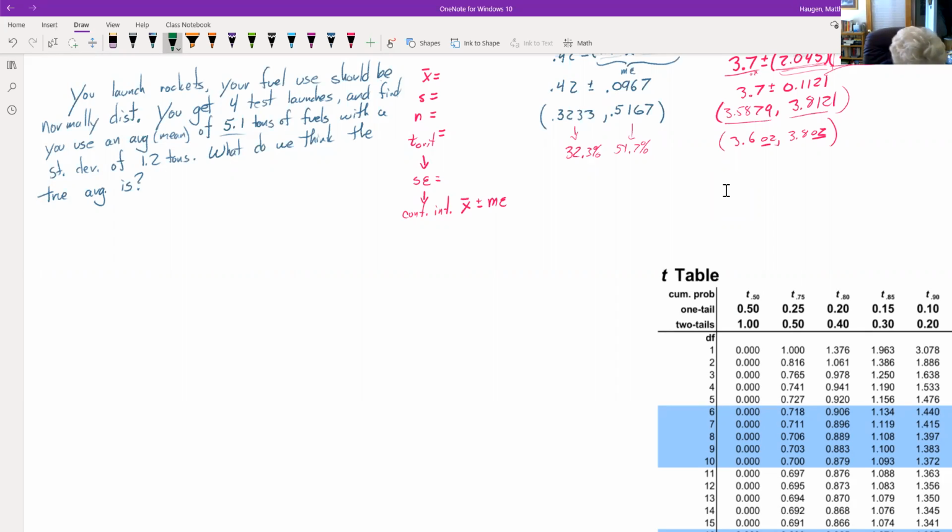Our X bar is, yeah, no, it's down. 5.1. What's our S, our sample standard deviation? 1.2. What's our sample size? 4. And we might take a moment to say, okay, what does that mean our degrees of freedom is? 3.